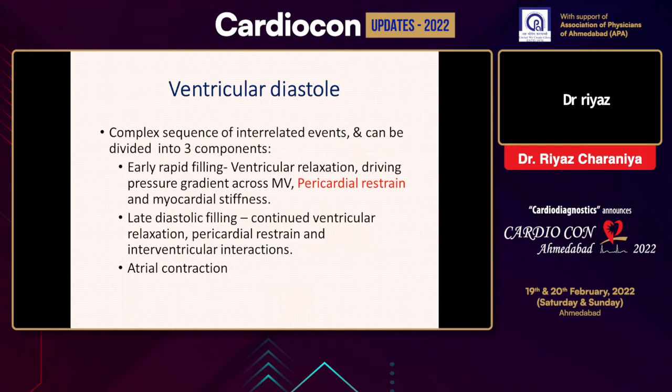Now, why I have focused on pericardial restraint is that in the initial phase, the pericardial restraint is minimal. So in constrictive pericarditis, the initial rapid filling will be a steep one. Then there is another phase, late diastolic filling, where there is continuous ventricular relaxation, pericardial restraint, and interventricular interactions acting at this phase. And the final phase is atrial contraction.